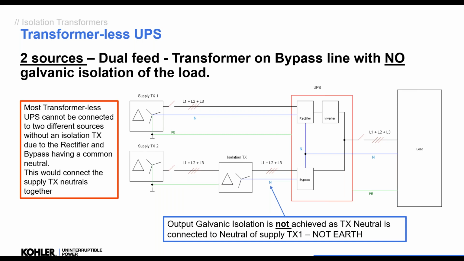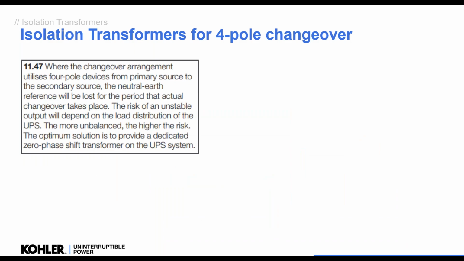Now, the other application is for 4-pole changeover. HTM talks about this. It says where a changeover arrangement utilizes 4-pole devices from primary source to the secondary source, the neutral earth reference will be lost for that period that the actual changeover takes place. So it talks about unstable output and unbalanced load being worse.